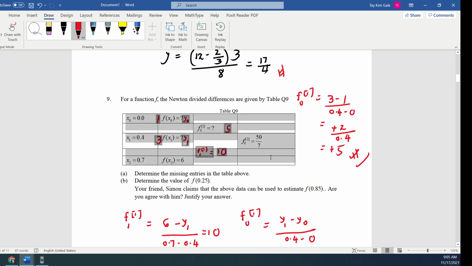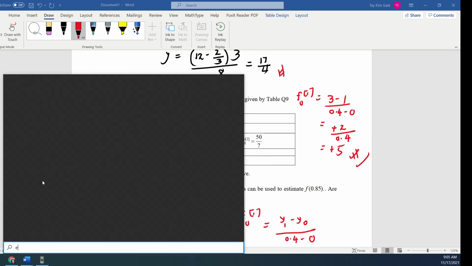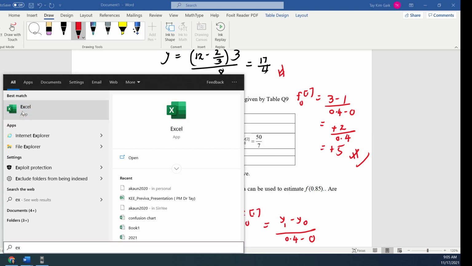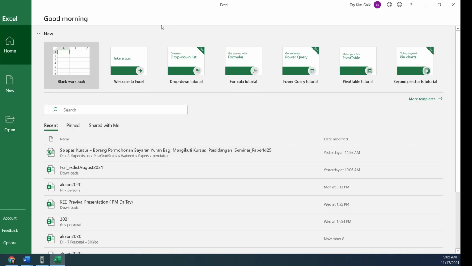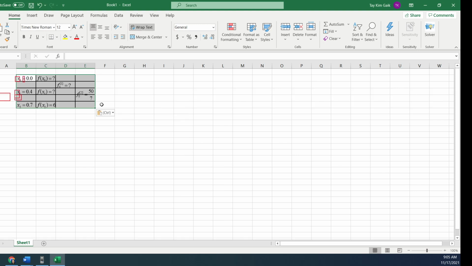Okay, we can quickly perform it using Excel. You have the x here: 0, 0.4, 0.7.